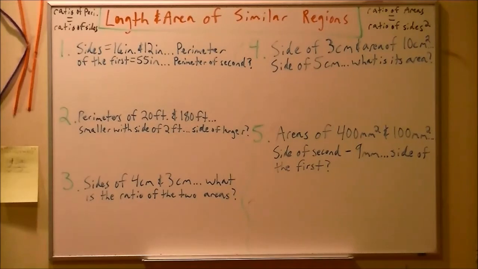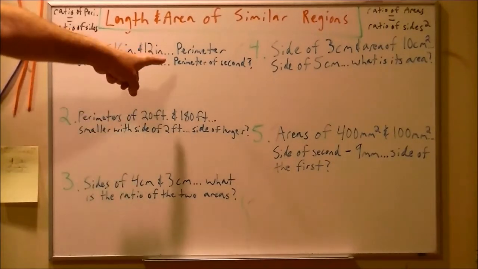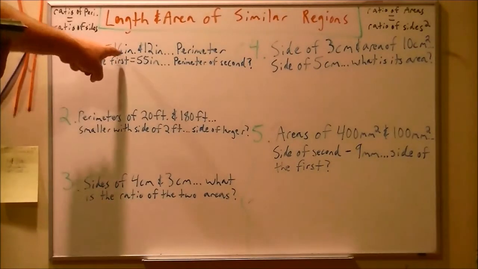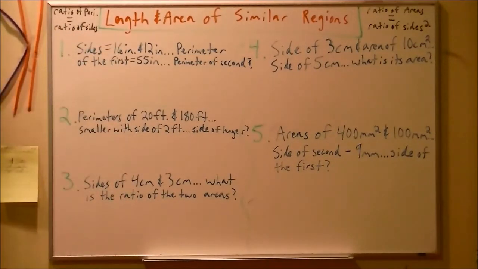Number one, the corresponding sides of two similar triangles, so those are polygons too, many-sided shapes, and triangles are that, three sides for each one. The corresponding sides, or those across from one another, of two similar triangles are 16 inches and 12 inches. The perimeter of the first triangle that has the side of 16 inches is 55.